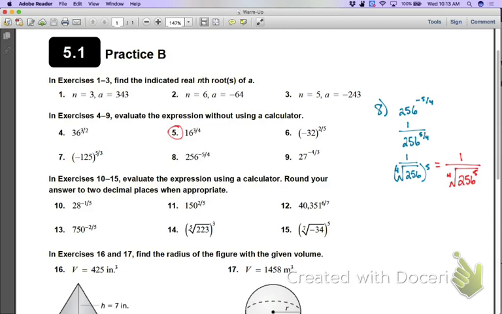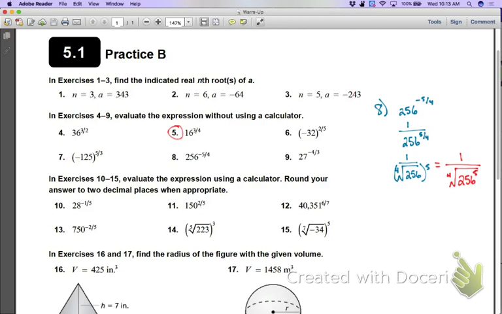So whenever I do this, if I'm going to do the way in blue, or whatever color we're calling this, the 4th root of 256, if it's the 4th root, I've got to look down my 4th power column. Do I have 256? Yes. So what is the 4th root of 256?